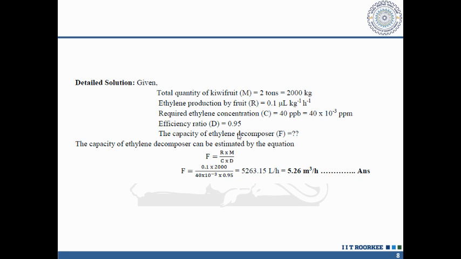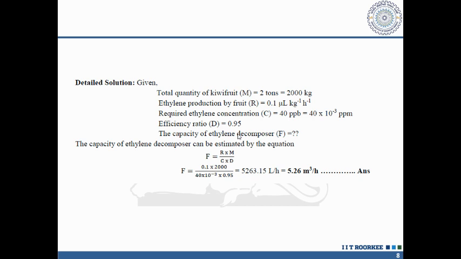Then M, the total quantity of kiwi fruit, is 2000 kg, upon the required ethylene concentration, given as 40 ppb, which we have converted into ppm, that is 40 into 10 raised to power 3. Then we have the efficiency ratio, that is 0.95.